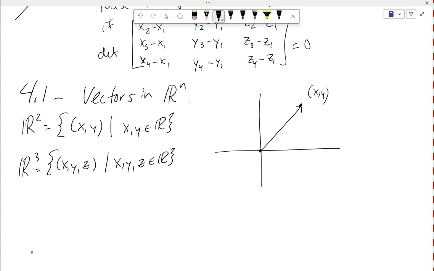So hopefully you can see how we can extend this pretty easily by definition, okay?